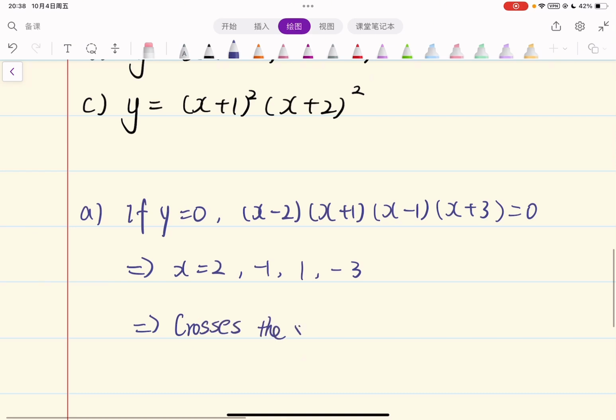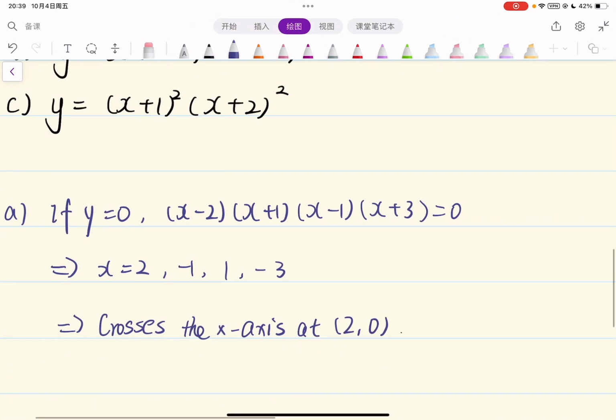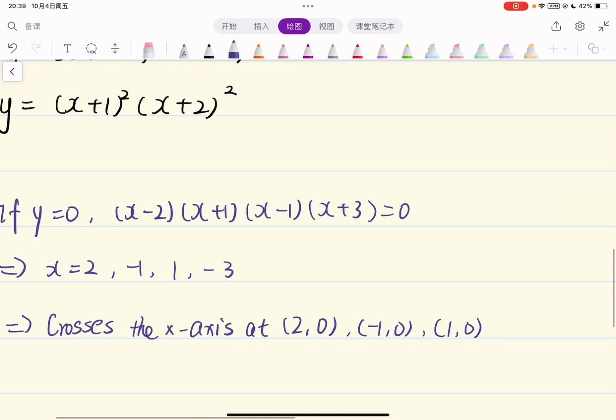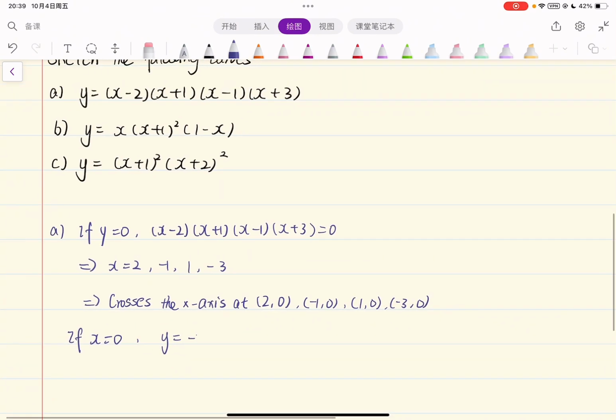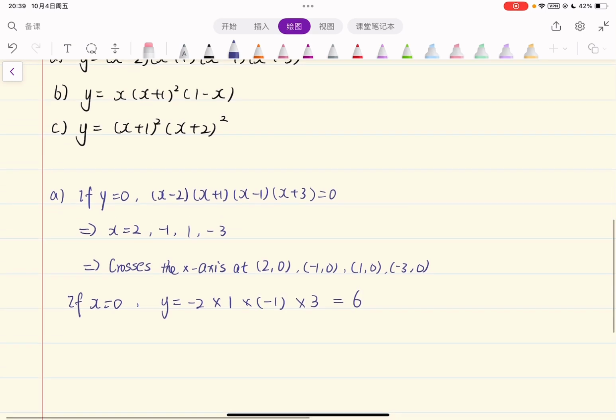So the curve crosses the x-axis at (2, 0), (minus 1, 0), (1, 0), and (minus 3, 0). Now if x equals 0, then y equals minus 2 times 1 times minus 1 times 3, which equals 6.